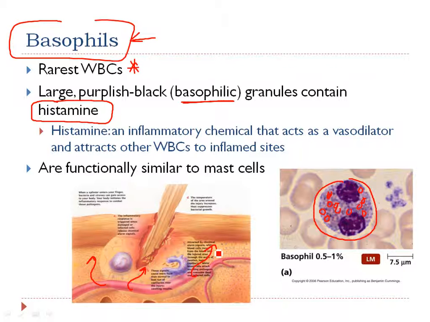So think about basophils as helping to stimulate inflammation, which also helps recruit other white blood cells, other components of your immune system that you'll learn about later that are required to help you wage war with infecting microorganisms.